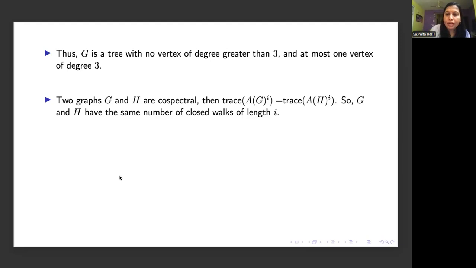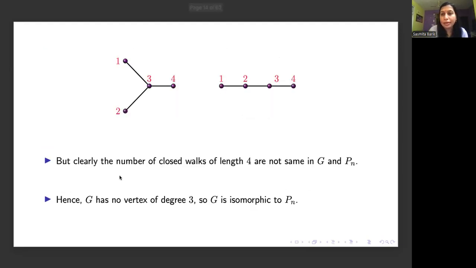Okay. Now, if I allow in G one degree 3 vertex, then there will be a subgraph of this form in G. And your path will be a path of order n, so that will contain a subgraph like this. And the rest part of the graph, as you know, contains degree 2 vertices or degree 1 vertices.